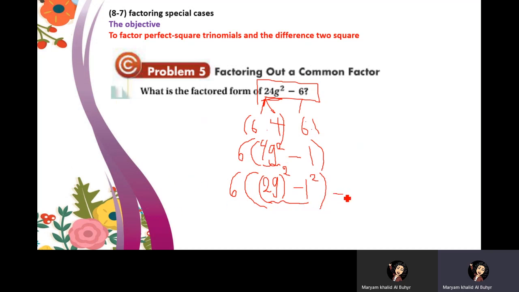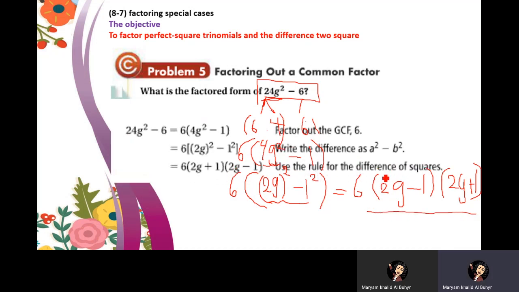Directly, just use the rule that you learned before, leave the 6 outside, 2g minus 1 times 2g plus 1. So that's the answer.